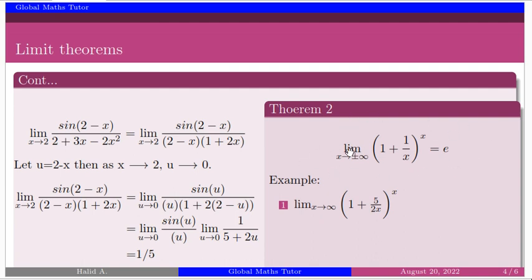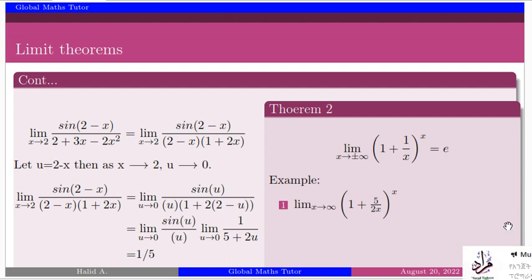We did not do its proof, but we will use this theorem to solve problems. The first problem is the limit as x approaches infinity of (1 plus 5 over 2x) to the power of x.